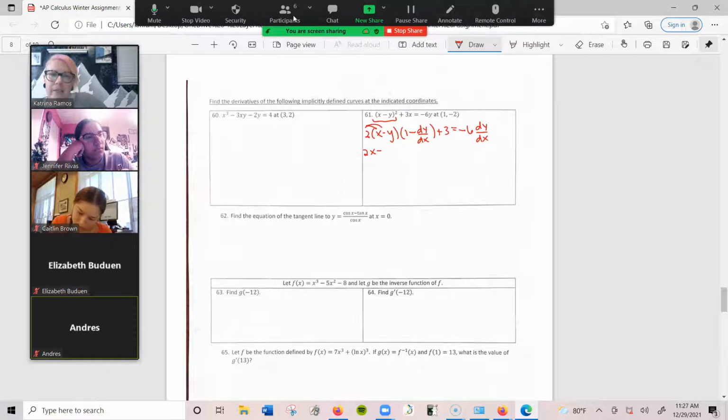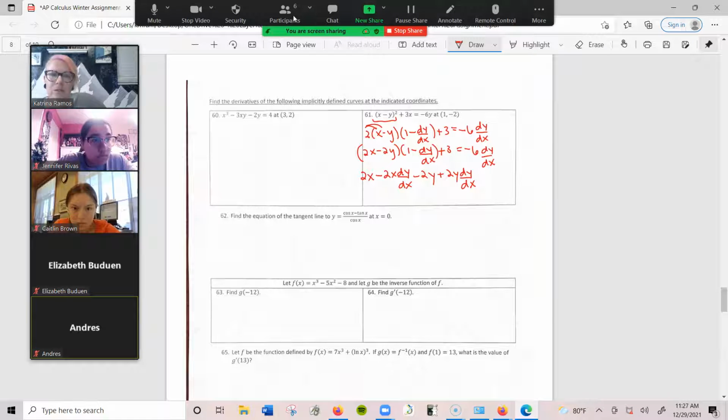We got 2 times x minus y times 1 minus dy dx, plus 3 is equal to negative 6 dy dx. Now we have to distribute all of this. Okay, so 2x times 1 is 2x, and then minus 2x dy dx, minus 2y plus 2y dy dx.